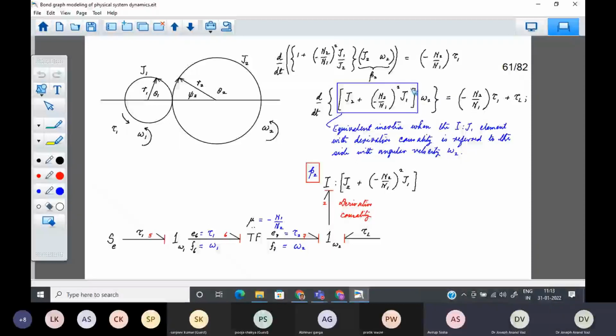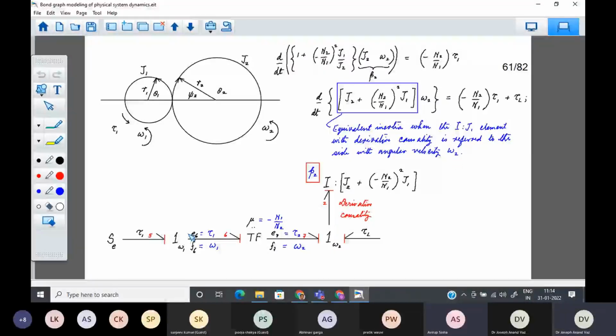Okay, so here you have another equivalent inertia, which comes here, and this equivalent inertia multiplied by omega 2 becomes equal to 1 upon mu into tau 1 plus tau L. Okay, so this is the equivalent inertia when the I element with derivative causality is referred to the side with angular velocity omega 2. So this is the second possibility.